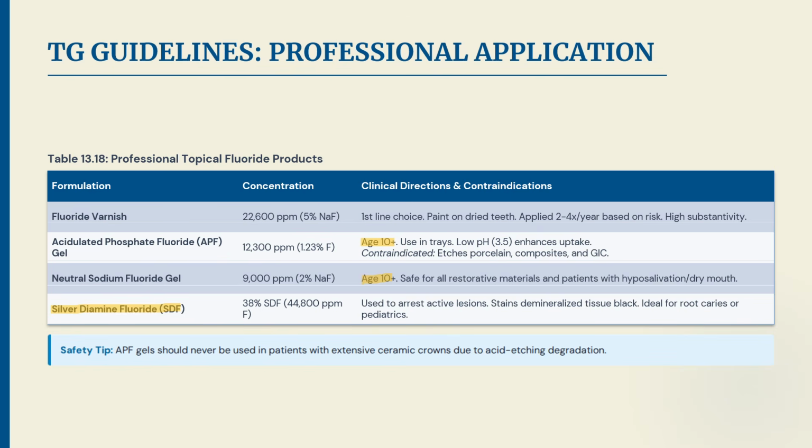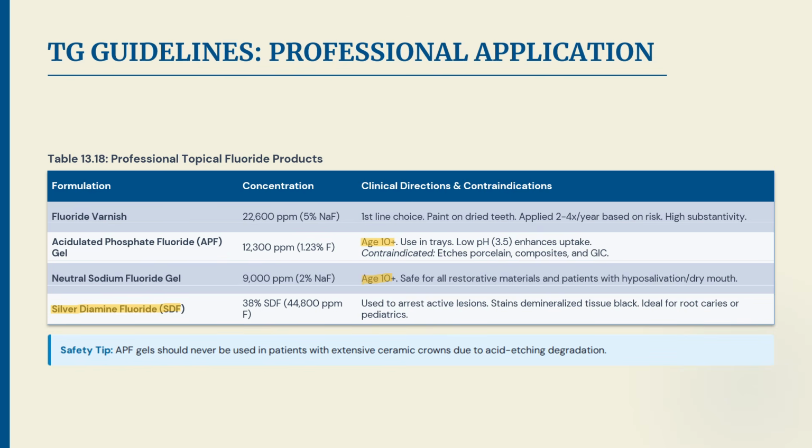So that's 22,600 ppm or 5% sodium fluoride. It's the first line of choice. Okay. So you just put it on, basically painting it on dry teeth. Apply it 2 to 4 times a year based on the risk. Yeah. And then there is APF gel, 12,300 ppm.